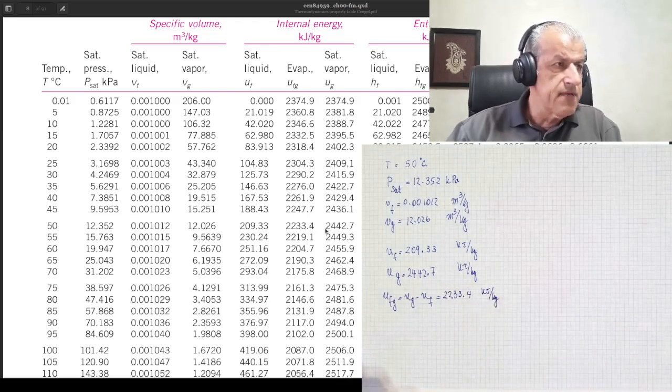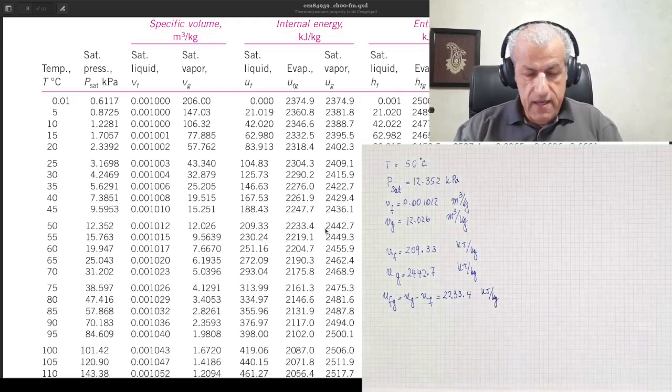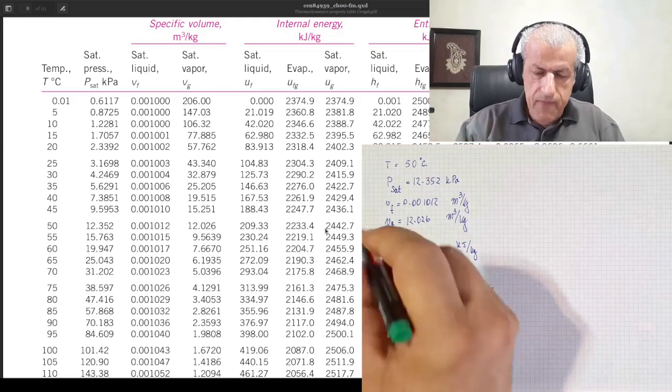This book doesn't give us any value for Vfg, but it's not difficult to calculate it.